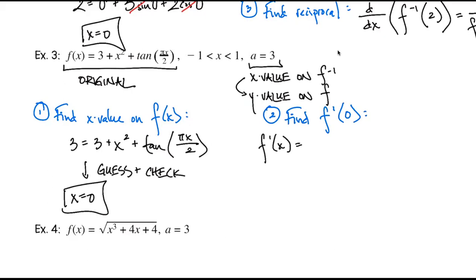What is the derivative of 3? That is going to be 0, okay, 0 plus the derivative of x squared. Good. Plus the derivative of tangent pi x over 2.